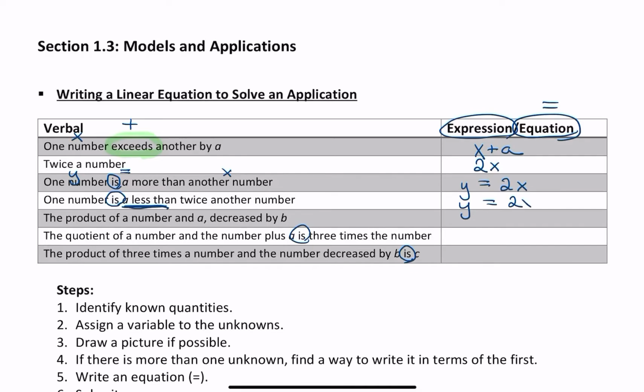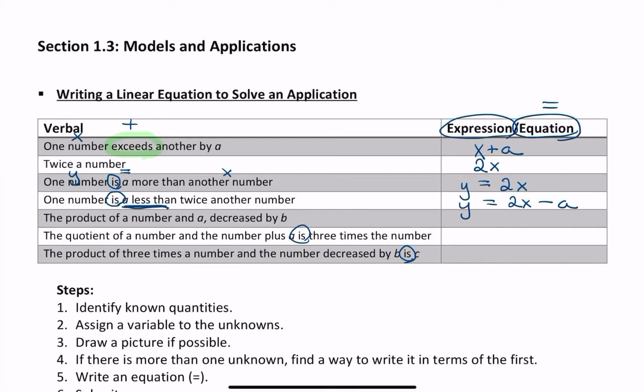So you're going to have 2X minus A. When you subtract, you always need to add that subtraction at the last. If I say 2 less than 20, you wouldn't do 2 minus 20 because that would give you negative 18. You would do 20 minus 2, which would be 18. So make sure when you subtract, it's at the end of the equation or expression.